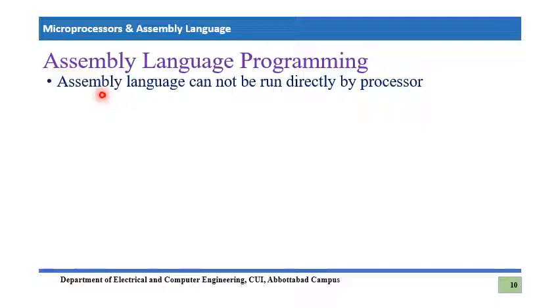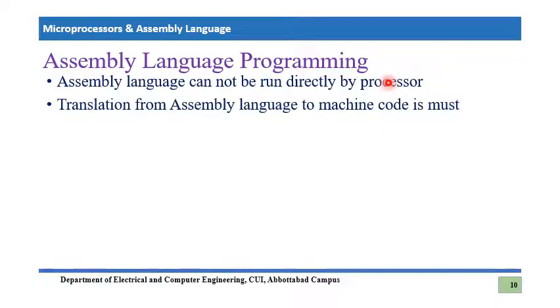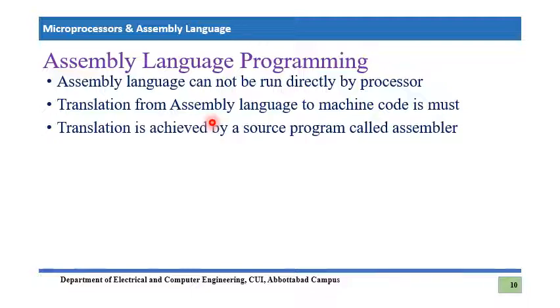So assembly language cannot be processed directly by a microprocessor. We need a translation from assembly language to machine code. This translation is a must, and who will perform it for us? That is called the assembler.